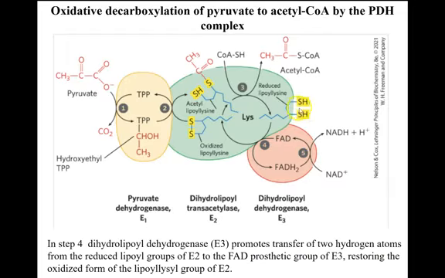And then from there, as we continue on, we've got step 4, where enzyme 3 comes into play, which is the dihydrolipoyl dehydrogenase, which promotes transfer of 2 hydrogen atoms from the reduced lipoyl groups of the second enzyme to the FAD prosthetic group of enzyme 3, restoring the oxidized form of the lipoyl group of E2.